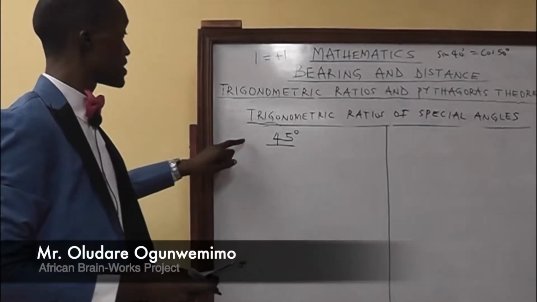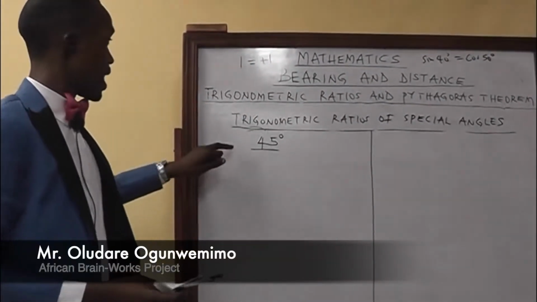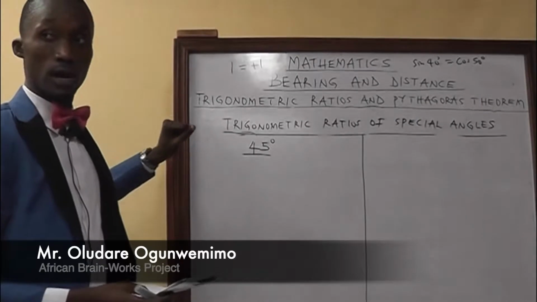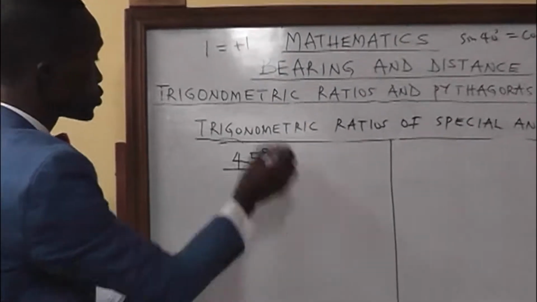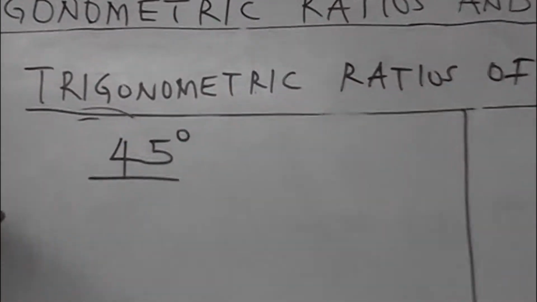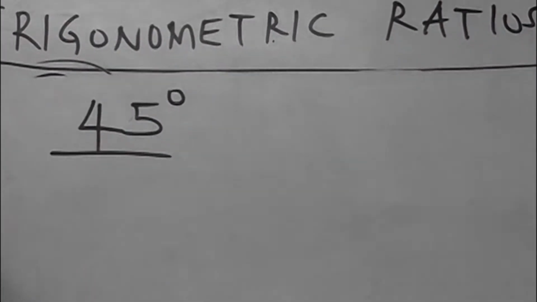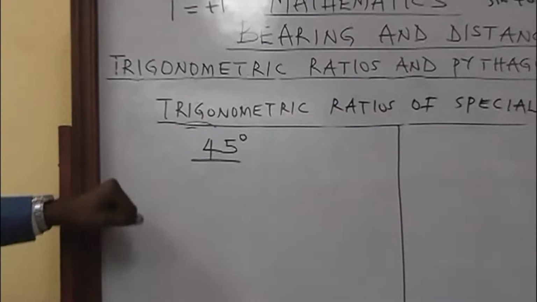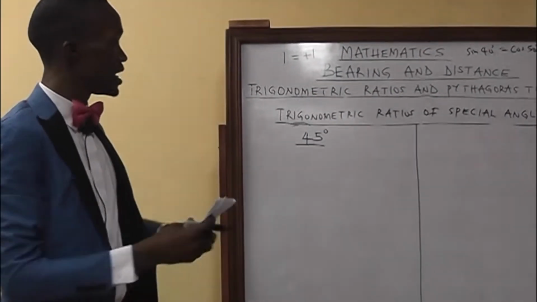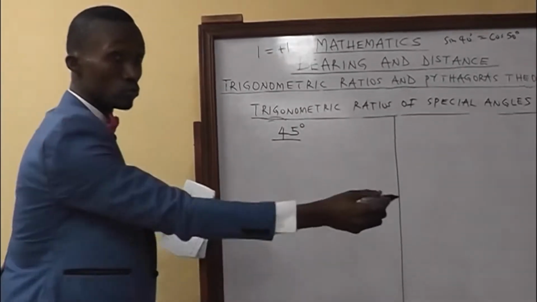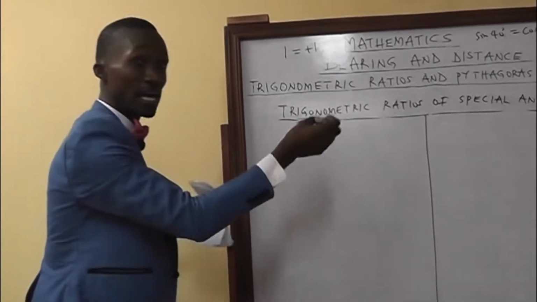Now for 60 degrees the other time, we used an equilateral triangle. This time around, we want to derive for 45 degrees. Here we make use of an isosceles triangle. And what do we mean by an isosceles triangle? A triangle is isosceles if the base angles are equal.